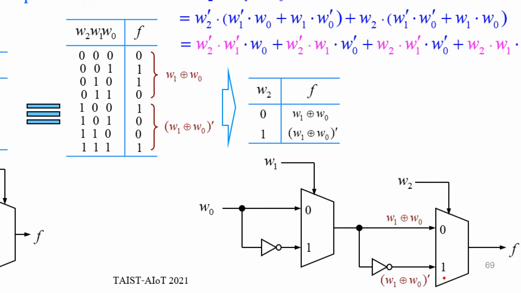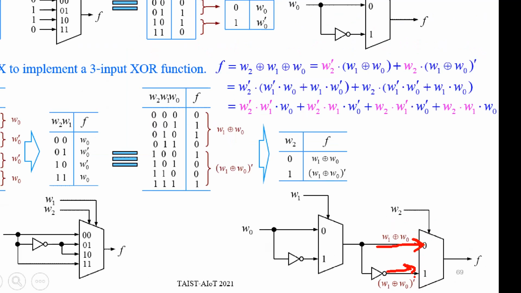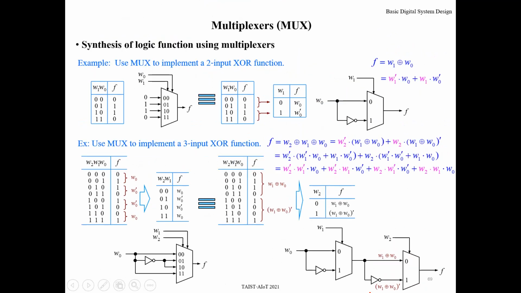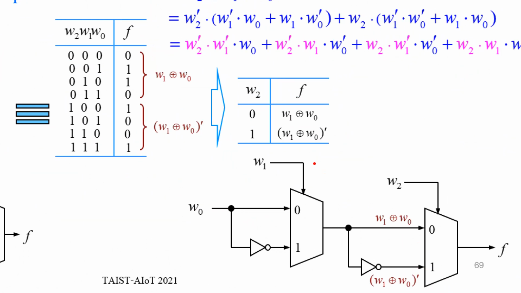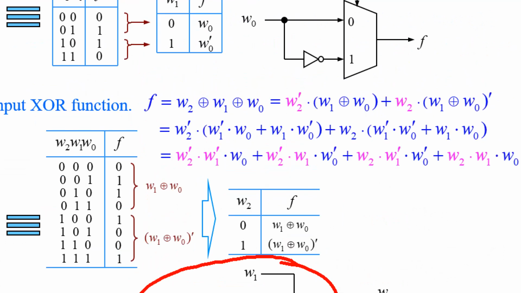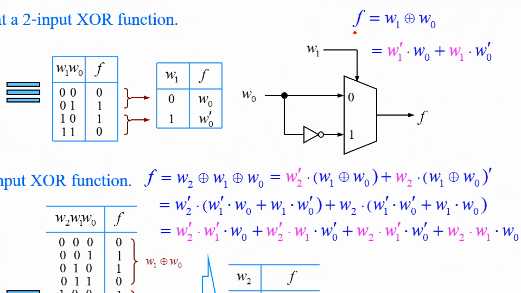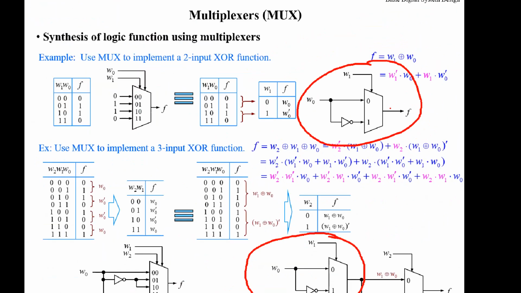So you just feed W1 XOR W0 here and W1 XOR W0 prime here. That's all. And from this circuit diagram, for the XOR function, we use this, from the previous expression.